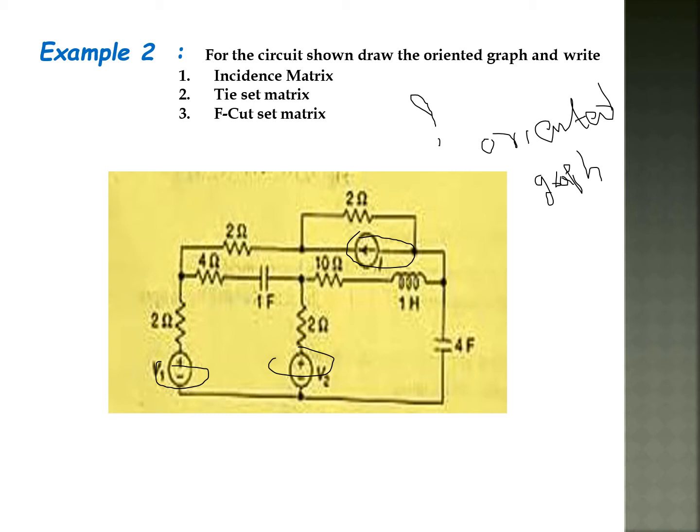Please understand the network diagram and convert this diagram into an oriented graph by keeping the potential difference of the sources. The remaining elements will be converted to branches. A branch is nothing but simply a line segment. Please read the question and understand the problem. I am giving you 5 minutes.